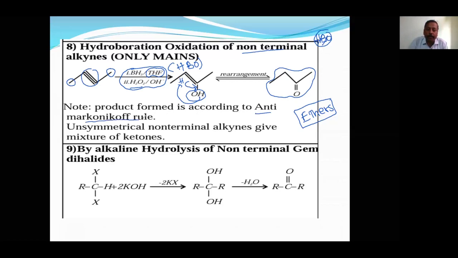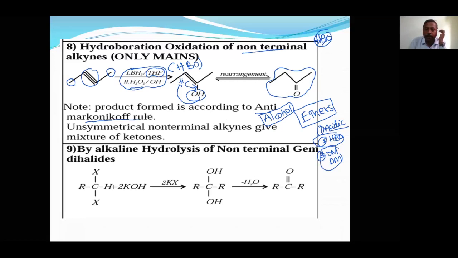These are the very same rules we have studied in alcohols also. Alcohol preparation can be done by three methods: the first is acidic hydrolysis, the second is hydroboration oxidation, the third is OMDM, oxymercuration demercuration. Among these, hydroboration is anti-Markovnikov, acidic is Markovnikov.